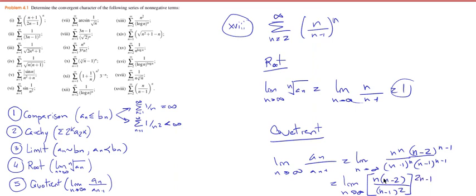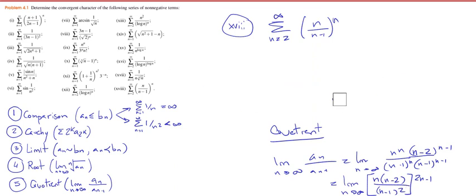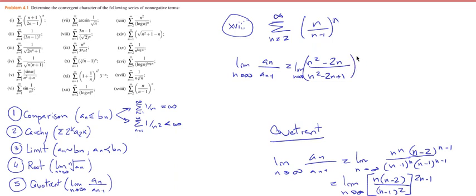And so this is one of those e to the c, right? The limit when n goes to infinity of a sub n over a sub n minus 1 is n squared minus 2n over n squared minus 2n plus 1, to the 2n minus 1.